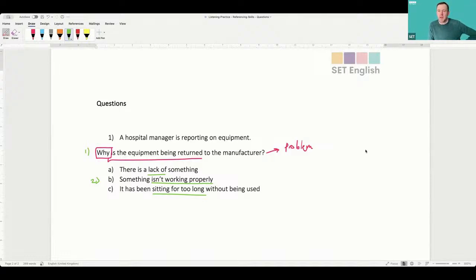Let me end the poll there. I'm not going to share the answers yet. Lena, are you there? Hi, Lena. What did you go for? I chose B. You chose B. Why? That's what I understand from the audio. Was there any vocabulary that you picked out that was helpful?